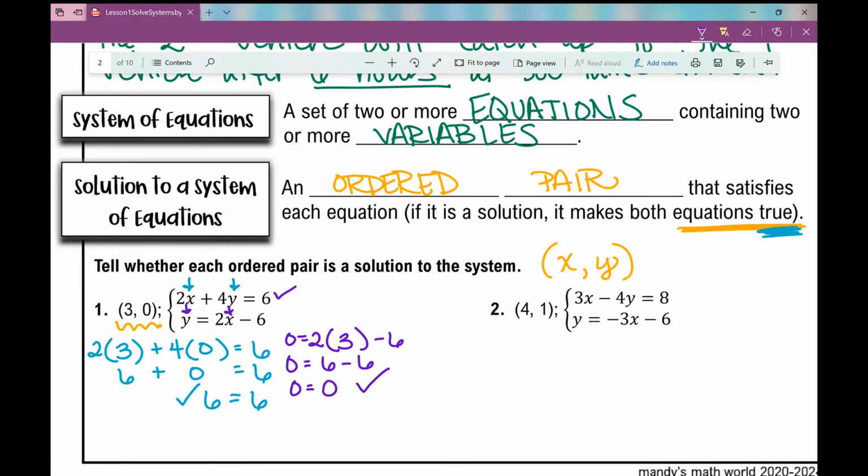And that's a true statement. So it satisfies both of those equations, which means, yes, this is a solution to this system. Algebraically, we were able to substitute each x value and y value into both equations and determine that.